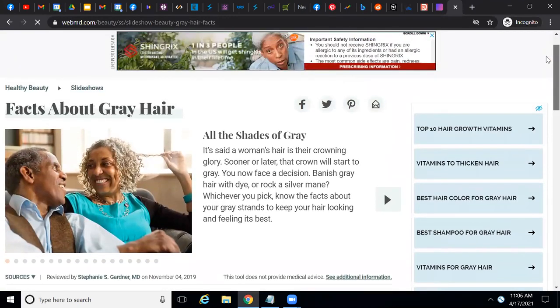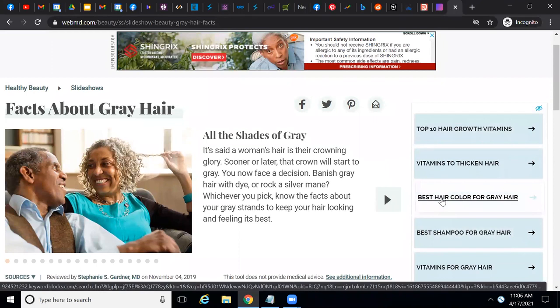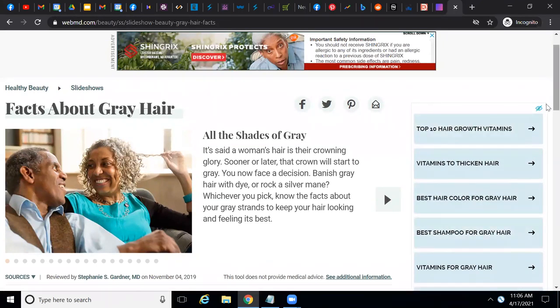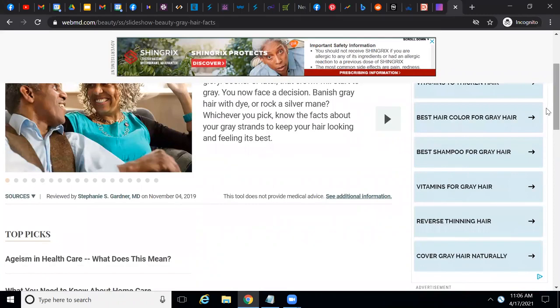So let's see. So vitamins for, oh, look at this, automatically without me doing anything. I typed in gray hair. We have some stuff that shows up. Best hair color for gray hair. Best shampoos. This is a paid ad, okay, just so you guys know. Vitamins for gray hair.